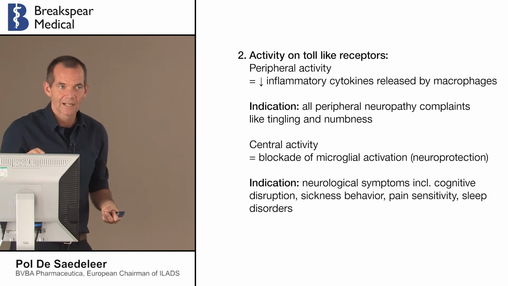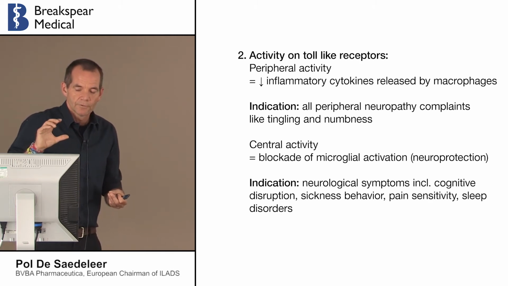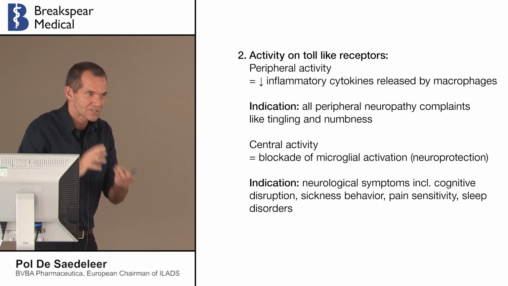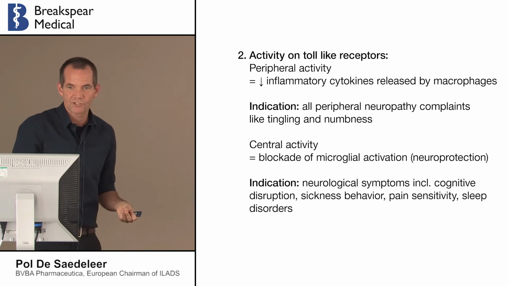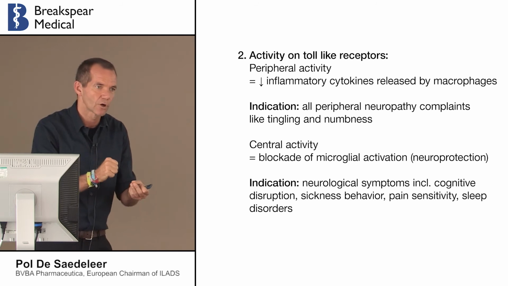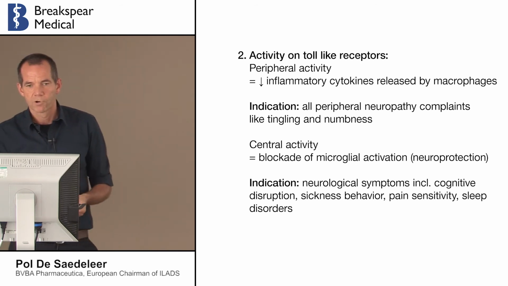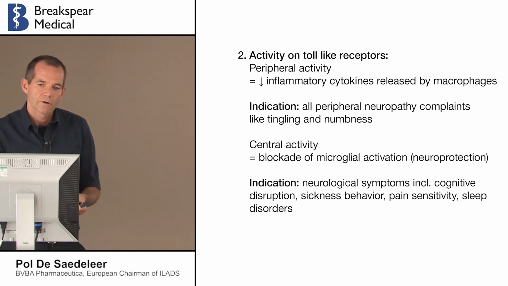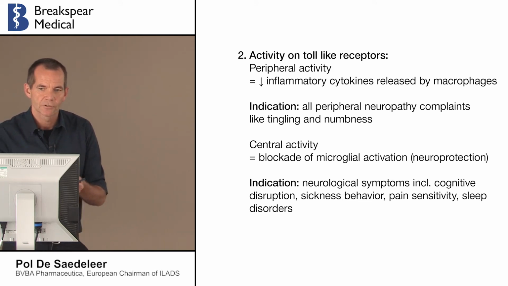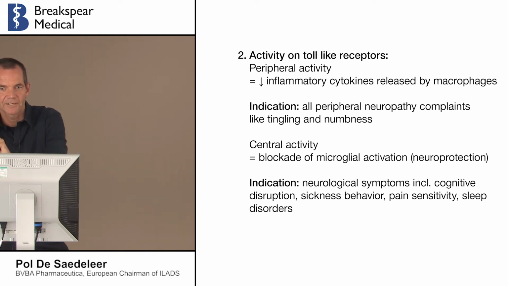On top of that, LDN is also very important to decrease some symptoms we often see in our patients. Because LDN is not only briefly blocking the opioid receptors, it's also blocking toll-like receptors in our, I should say, periphery.